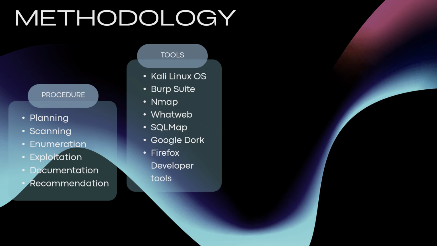Then I used some command line tools like nmap, whatweb, and sqlmap. During the information gathering stage, I also had to use Google to find some information, and I used the developer tools in the web browser to find some vulnerabilities there.